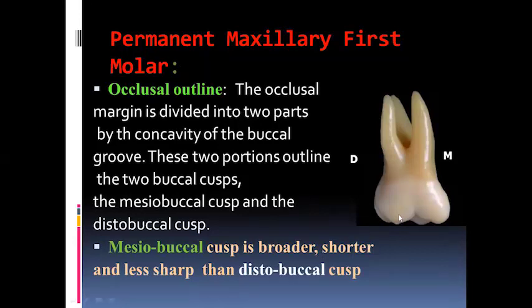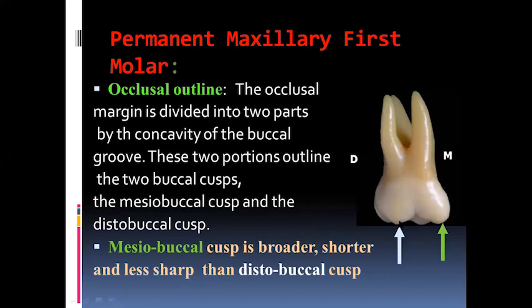Occlusal outline. The occlusal margin is divided into two parts by the concavity of the buccal groove. This is the buccal groove. These two portions outline the two buccal cusps, the mesiobuccal cusp and the distobuccal cusp. This is the mesiobuccal cusp.